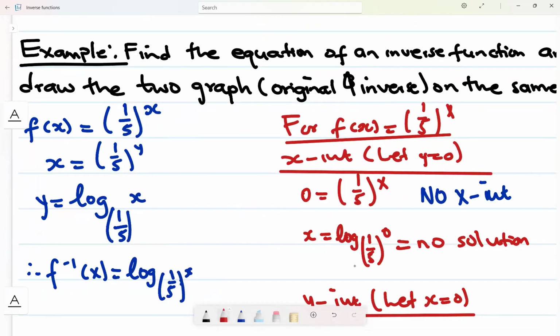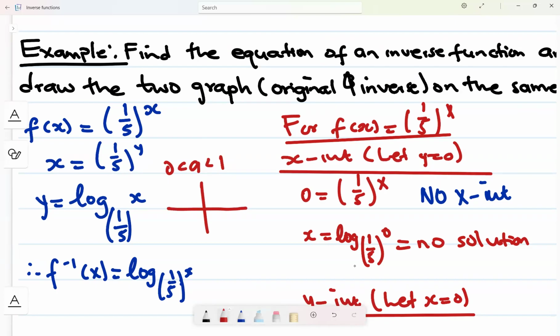When a is between 0 and 1, the function should be a decreasing function.